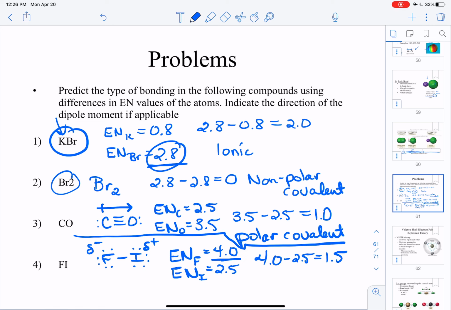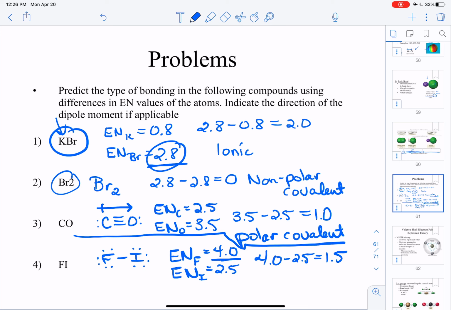Now again, we can symbolize it with a dipole moment, which is a little arrow with a plus symbol on it, but we don't want to do both that and the delta symbols. So we can erase our delta symbols and draw in the dipole moment if we prefer the arrow.